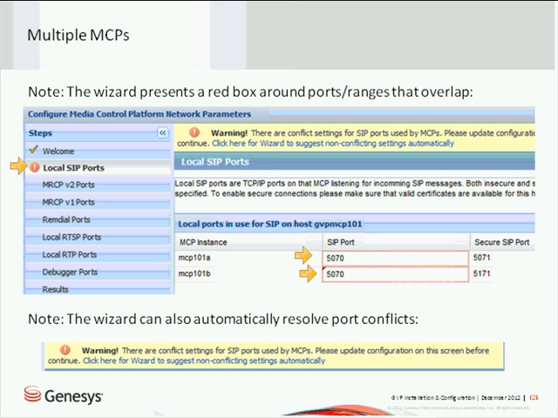There is a button listed here that will allow the wizard to basically set everything by itself, or you can make changes manually if you want. What I typically do is I'll add 100 to each of the individual ports, so 5071 becomes 5171, 7080 becomes 7180.